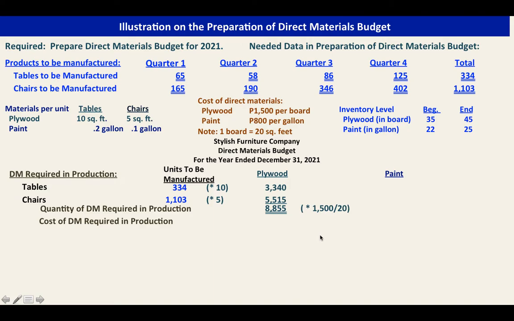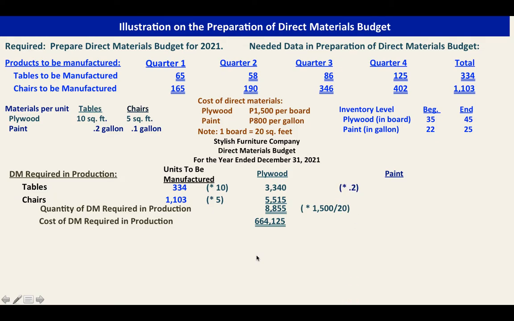So 8,855 times 1,500 over 20 will give you 664,125. So this is the cost of direct material required in production.